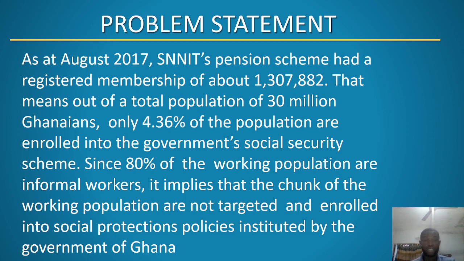And my project supervisor, the main reason why I developed this system was to help enroll informal sector workers, especially market women, who most of them have not been targeted. This system helped them to enroll into the social security scheme of the government of Ghana, and then they can receive their benefits when it is due.